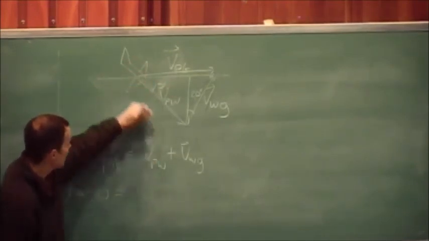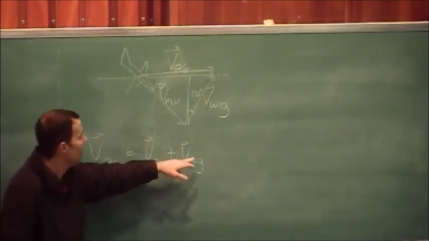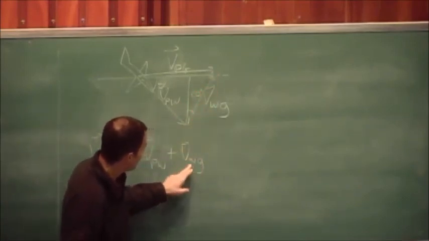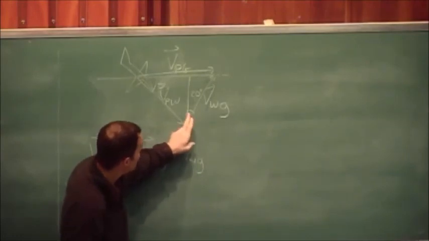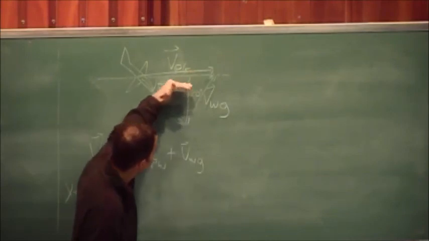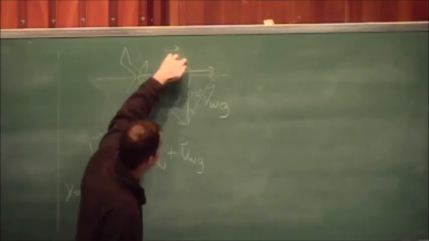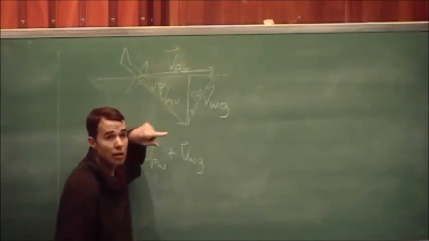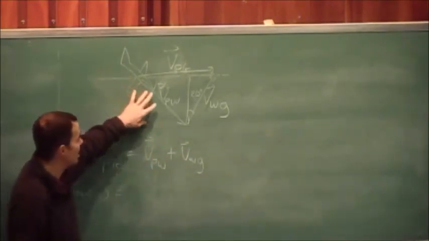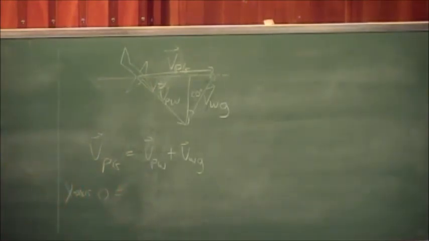Then I'm going to take the sine of theta times this V_PW, which we said was 215 kilometers per hour. I'm sorry, I'm going quickly. And then I'm going to take V_WG and break it up into its components. I'm going to have a cosine going along this axis, and then a sine going along this axis. I'm going to take this component plus this component, and that's going to be equal to the plane going along this direction. So basically all we do is break this up into components, and with that we can get both the angle and the ground speed. Okay?